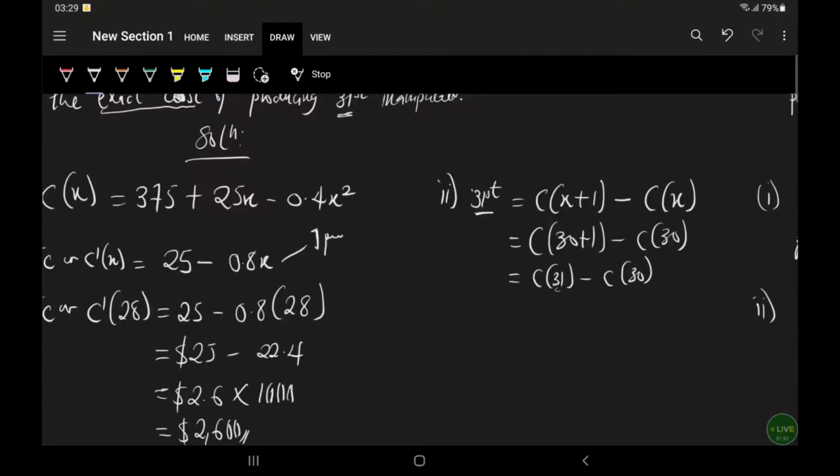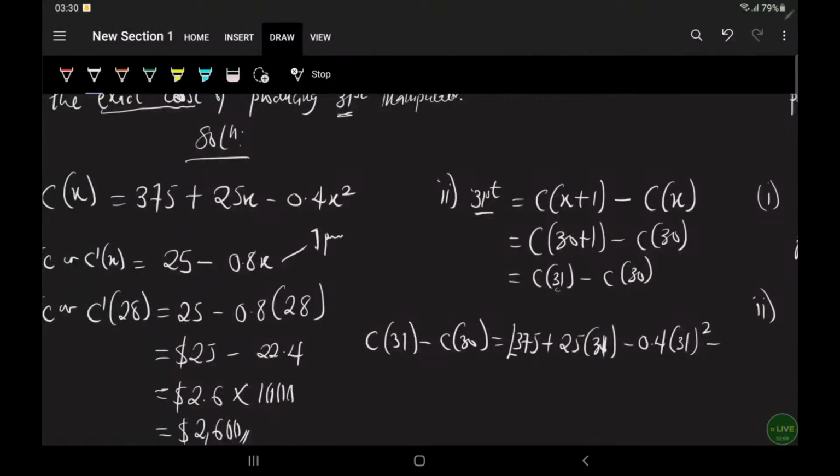So in this regard, we can say that C(31) compared with C(30) is going to be 375 plus 25 into bracket 31, minus 0.4 into 31 all squared. Is that okay?